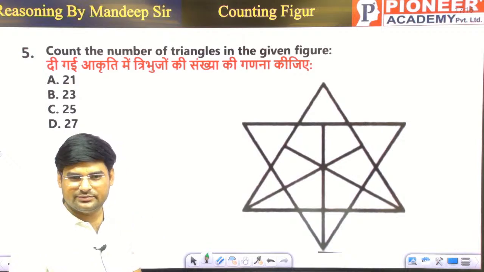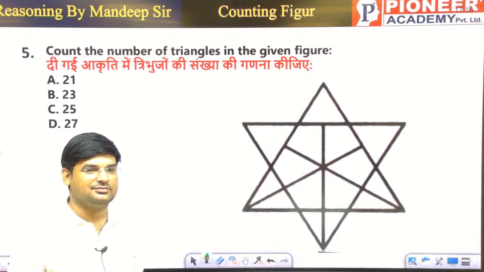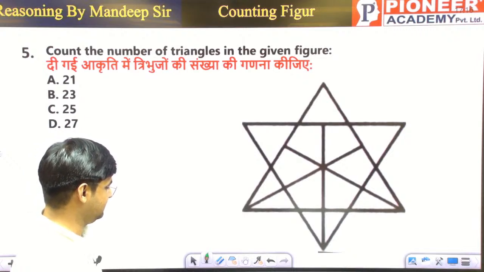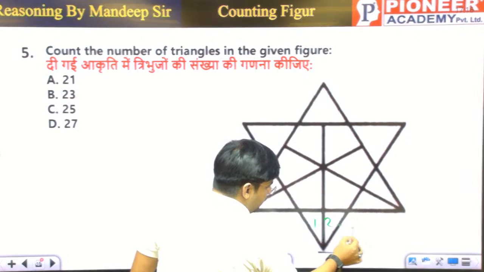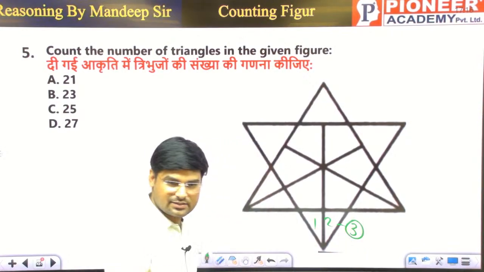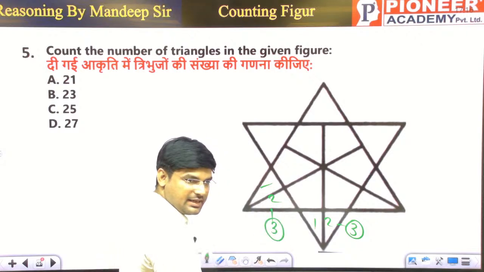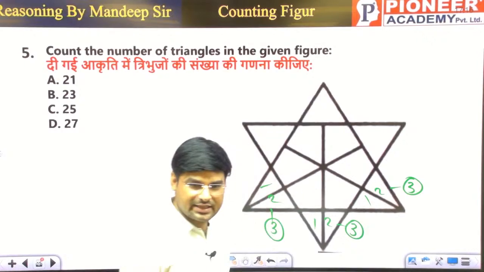Should I count? Let's see. 1, 2. There are 3 triangles. 1, 2. There are also 3 triangles. 1, 2. There are also 3 triangles.